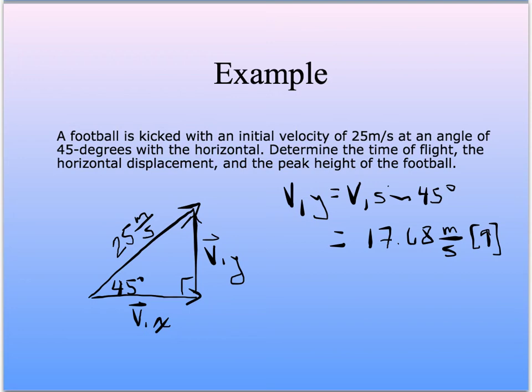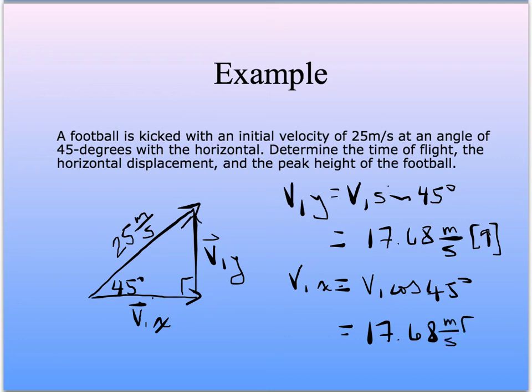This being a 45-degree angle, we'll know that these two sides will be equal, but in case you didn't notice that, then v1x would be equal to v1 cos theta, which in this case again is 45 degrees. And if you do the math, that also equals 17.68 meters per second, this time to the right.